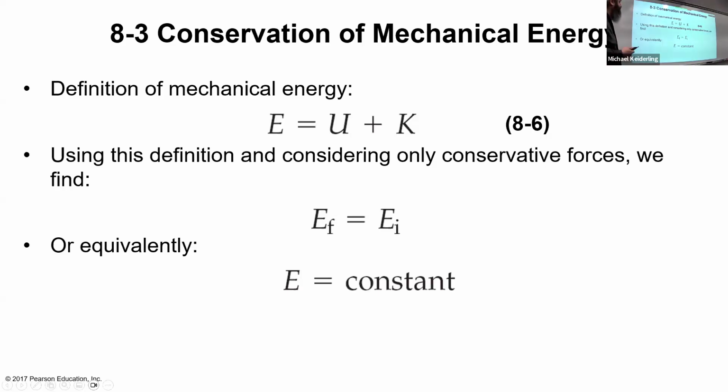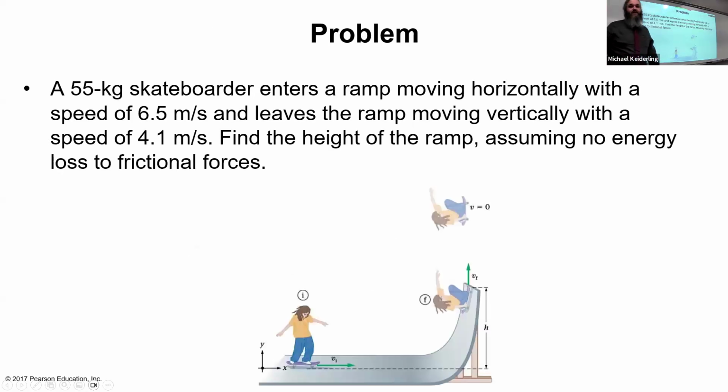Using this definition, if you only consider conservative forces, you find that mechanical energy, potential energy plus kinetic energy, is conserved. So mechanical energy final equals mechanical energy initial. Mechanical energy is a constant.